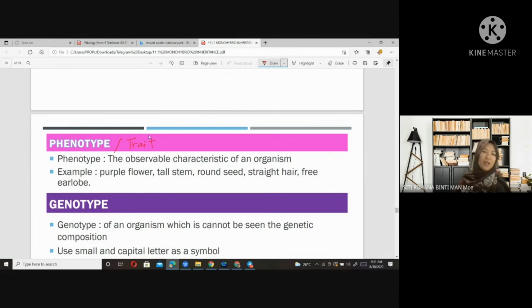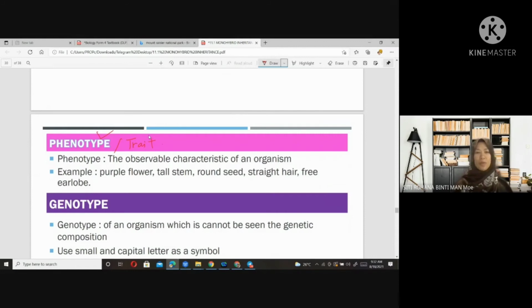Tapi ini yang lebih scientific in terms of genetic, nak terangkan ciri yang dibawa, phenotype of the parent. Dalam schematic diagram tak boleh tulis trait, kena tulis phenotype, nampak? Tapi kalau nak terangkan dalam essay, dalam soalan kena sebut trait. Bila buat schematic diagram kena tulis phenotype. Ya, awak akan nampak nanti.